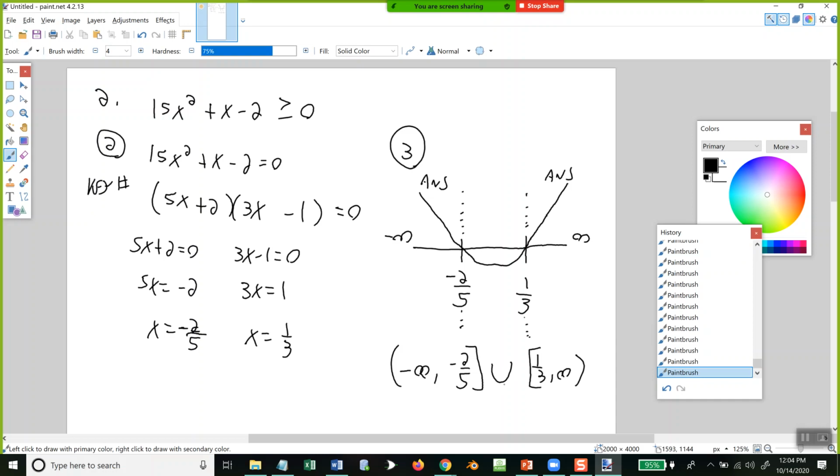Now, if you're big on doing these by hand, instead of looking at the graph, you choose test cases. So you choose a value between -infinity and -2/5, like -1, something between -2/5 and 1/3, like 0, and something greater than 1/3, like 1. You'd plug each one of those into the original inequality and see which ones gave you a true result.